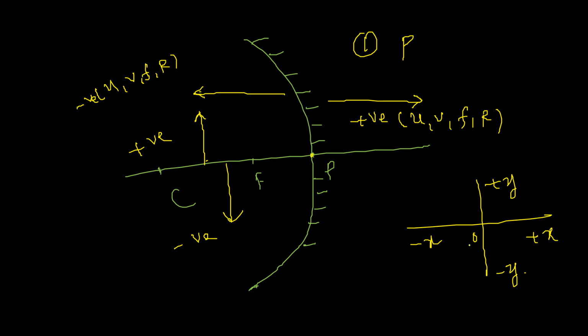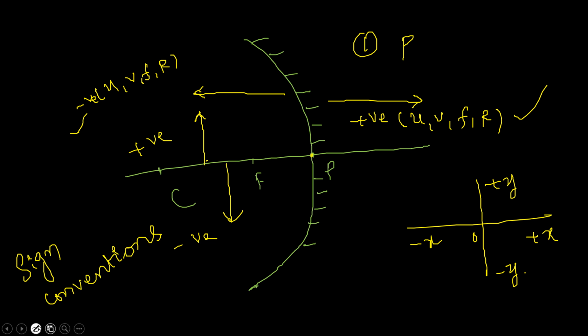For remembering's sake: all measurements taken from the pole in the direction of incident rays are positive, opposite to incident rays negative, above the principal axis positive, below the principal axis negative. So this is about new Cartesian sign conventions.